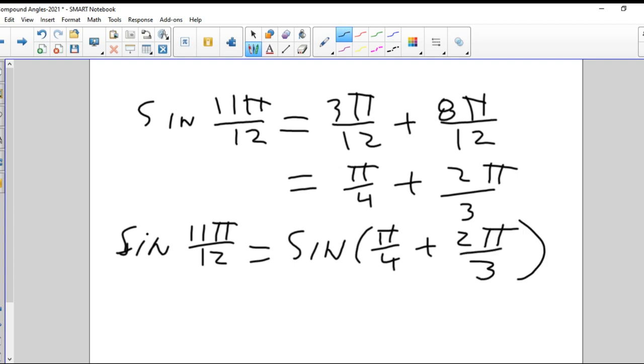Okay? I'm going to say that those 2 things are identical. The left side is equal to the right side. I've just simply took the 11 pi over 12 and split it into 2 parts.